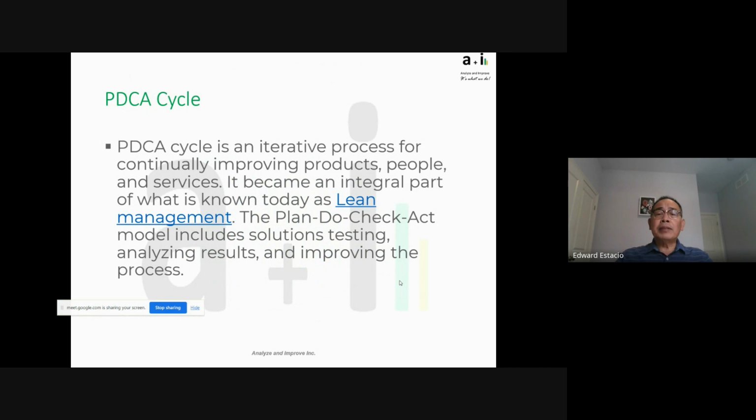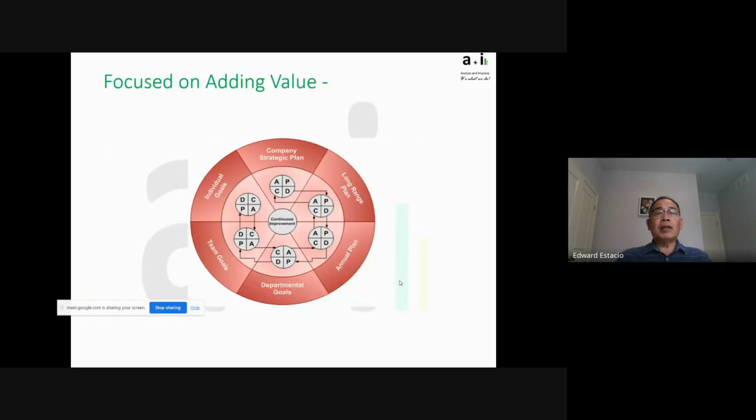So what happens is maybe we did not plan properly, we did not execute according to plan, or we did not check any improvements. Or maybe even if we're checking improvements, we're not responding to it, we're not acting if we're not meeting or achieving those improvements. It's also focused on adding value.